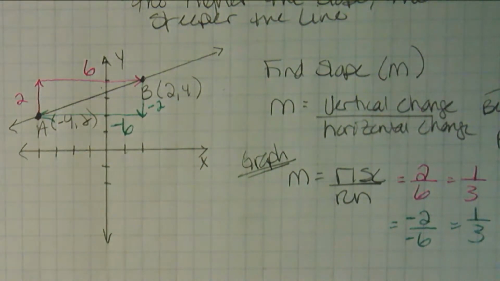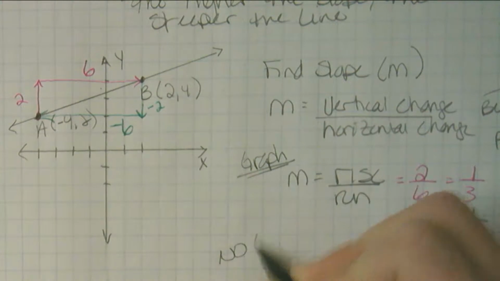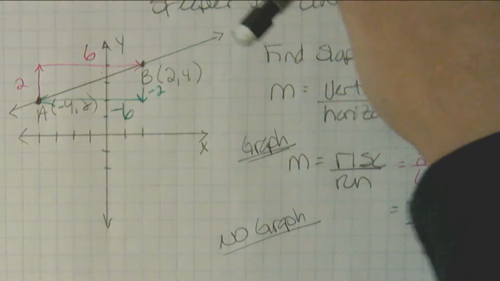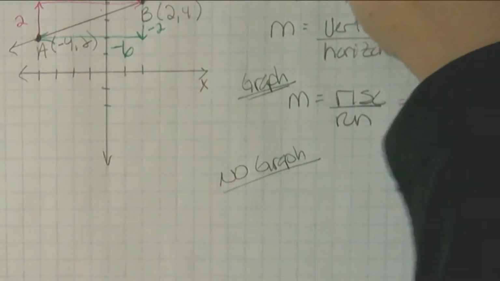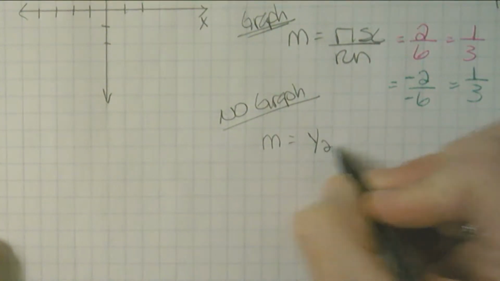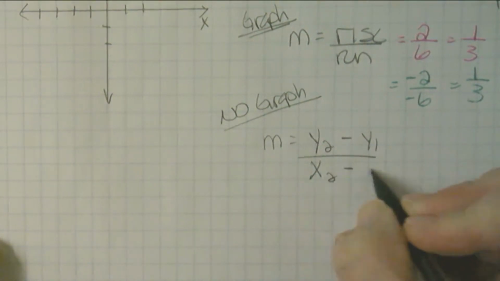All right. If we didn't have a graph, we can use a formula. My slope is equal to y2 minus y1 over x2 minus x1.